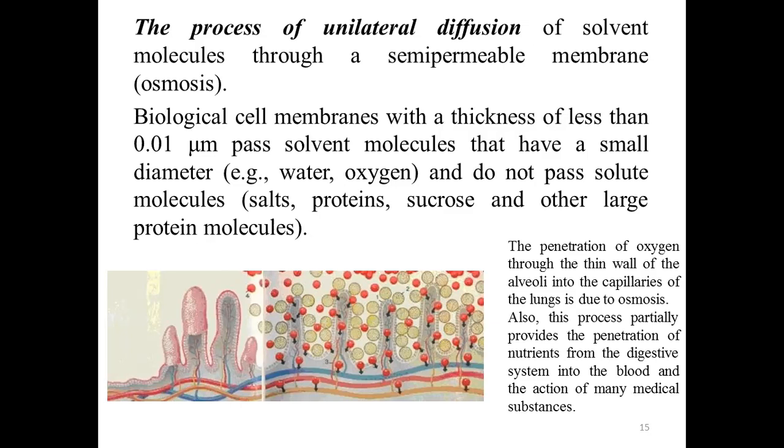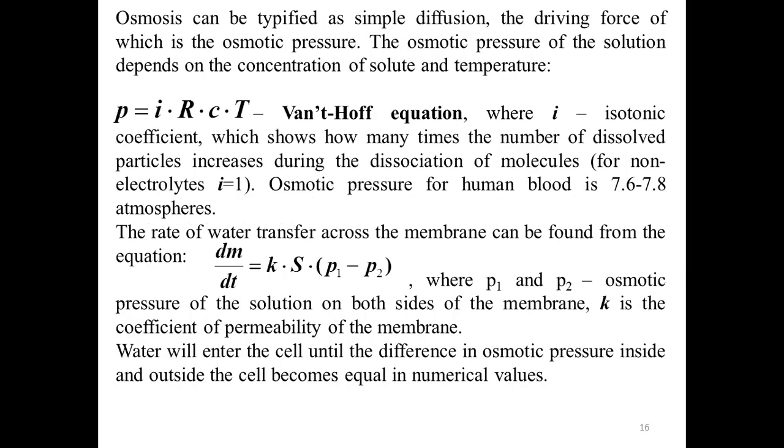The penetration of oxygen through the thin wall of the alveoli into the capillaries of the lungs is due to osmosis. Also, this process partially provides the penetration of nutrients from the digestive system into the blood and the action of many medical substances.